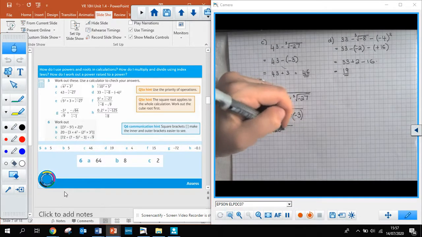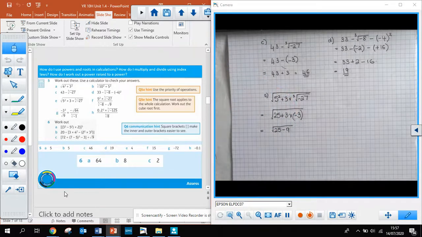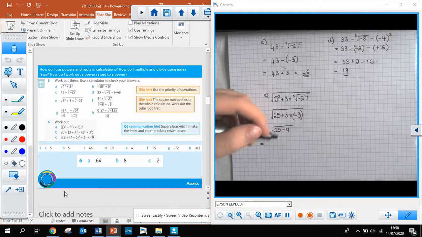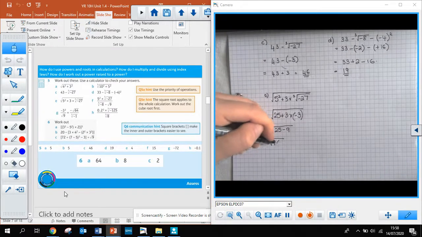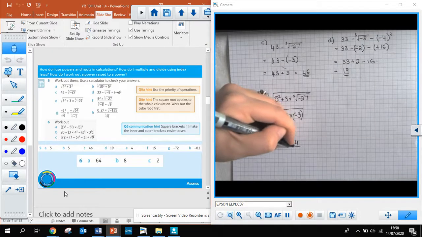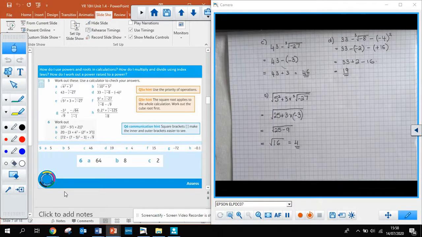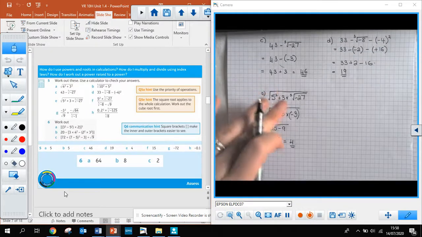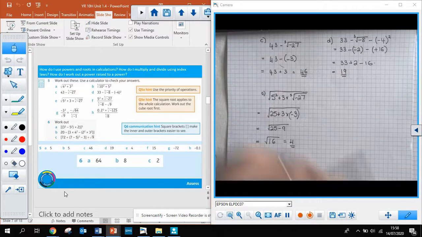So I'm going to have minus 9 there. So I have 25 minus 9, which is 16. So I'm looking for the square root of 16, which is 4. So my answer there is 4. That one was a little bit more involved. Okay, but you just have to break it down into each part of the calculation.